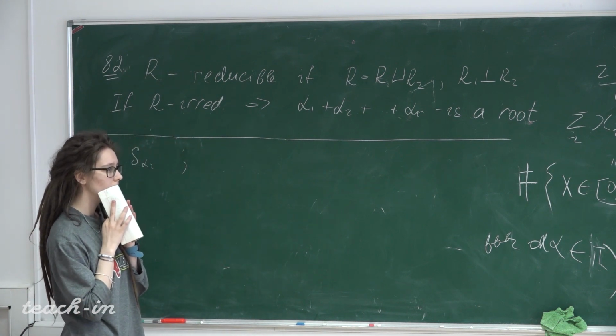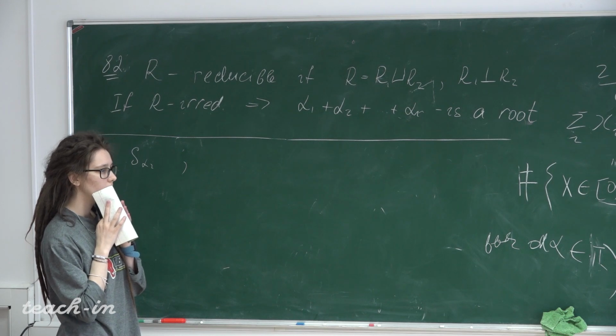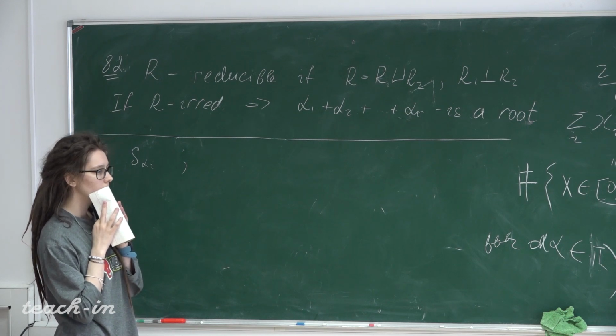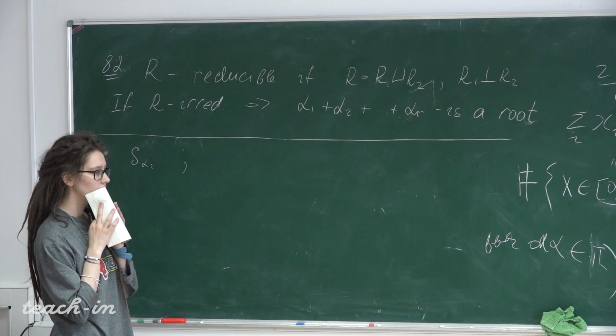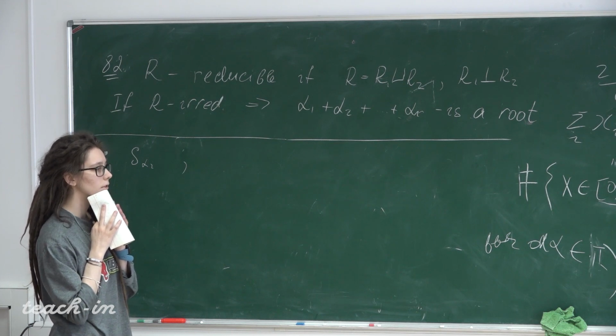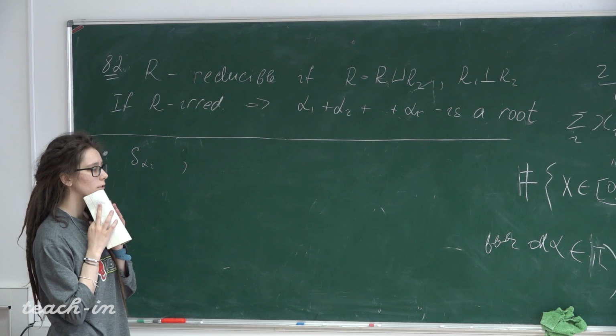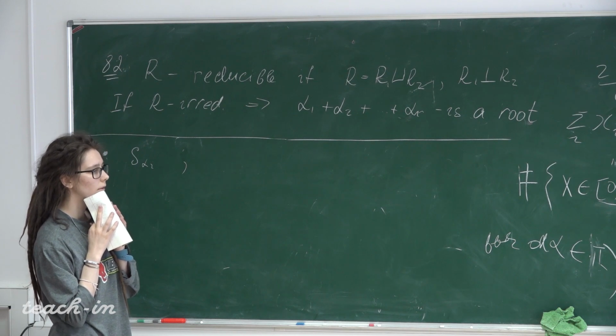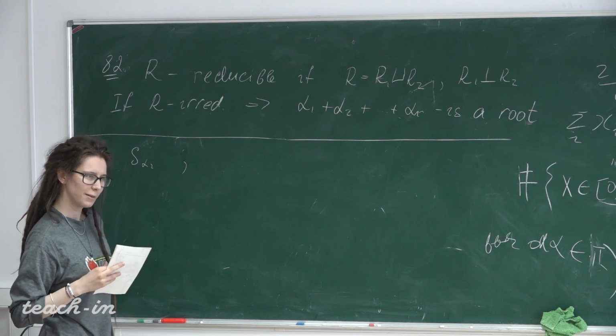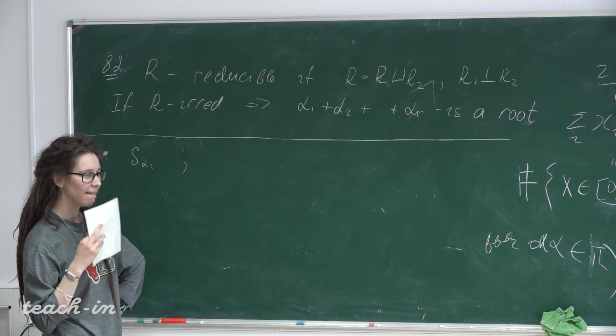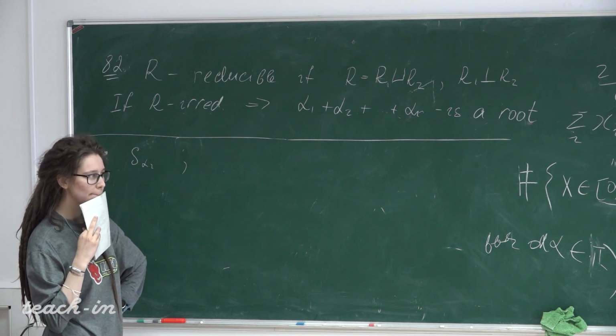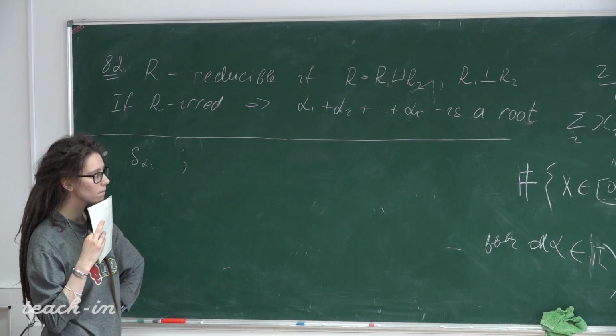That's not completely true. So you're saying that the Weyl group acts transitively on the set of the root system. It's not true, because, for example, we have roots of different sizes, of different lengths.